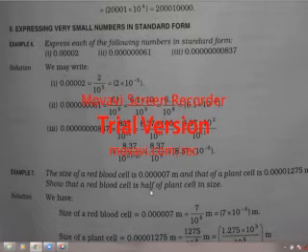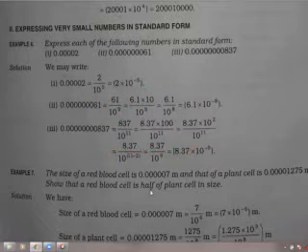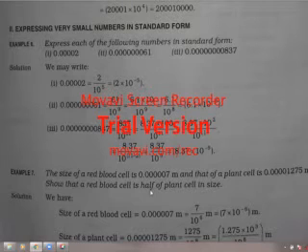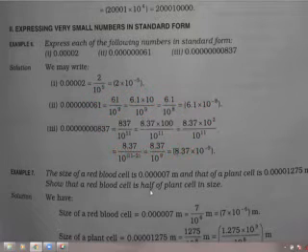If you remember, the first sentence which I read today was that in standard form any number is written as m into 10 to the power n, where m is greater than or equal to 1 and less than 10, and n can be a positive or negative number. That means the power can also be negative. When the power becomes negative, then the number is smaller than 1, that you have to consider.